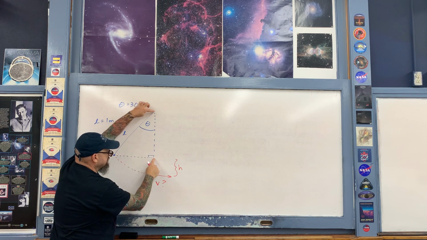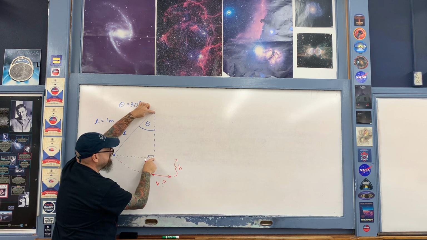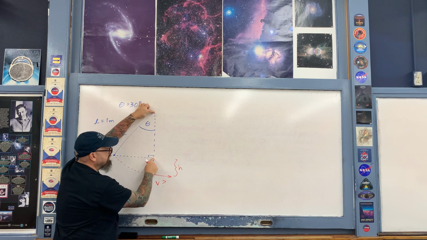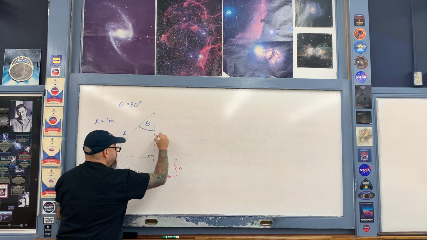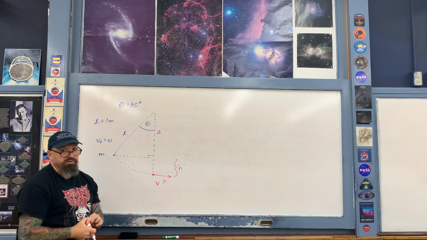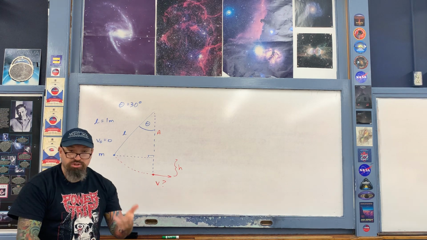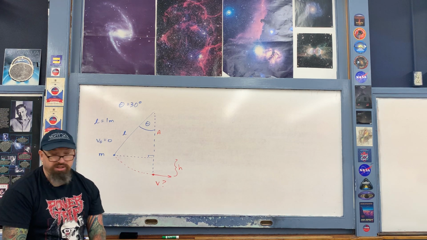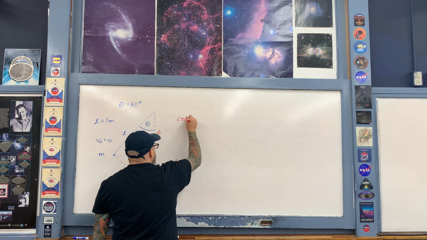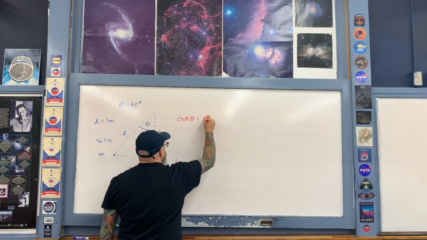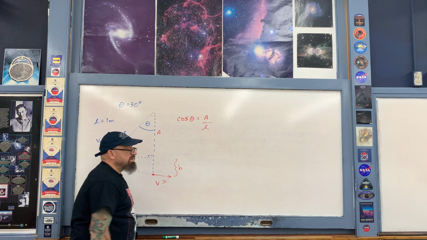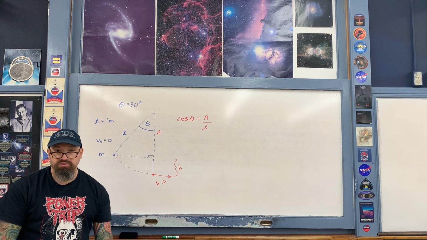The adjacent side of the triangle we can find by doing a little bit of trigonometry. Let me give it a name. I'm going to call it A for adjacent. Remember SOHCAHTOA, specifically in this case cosine. The cosine of the angle theta is equal to the adjacent side of the triangle divided by the hypotenuse L, the length of string.